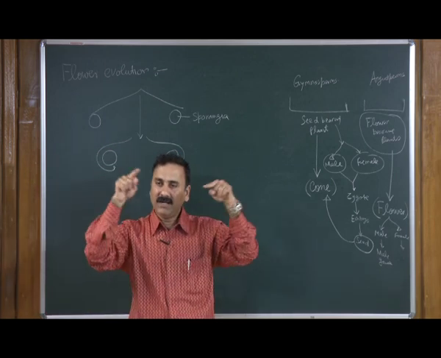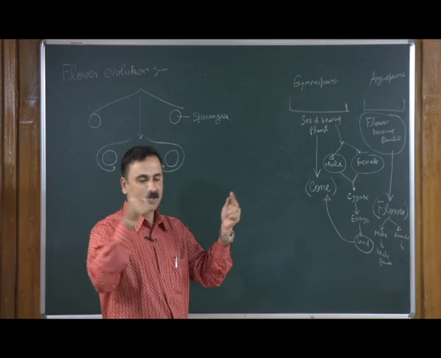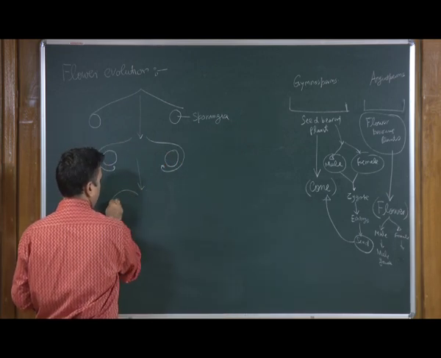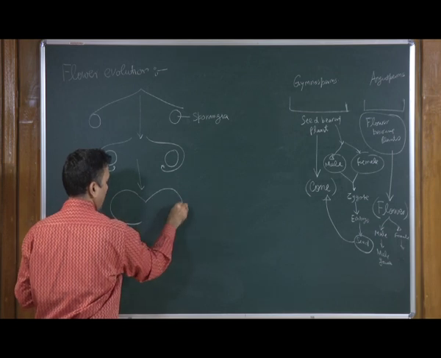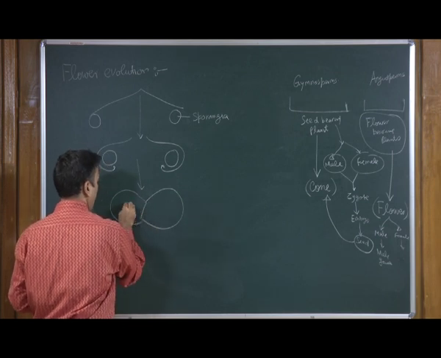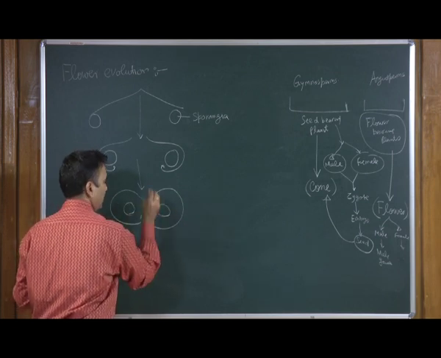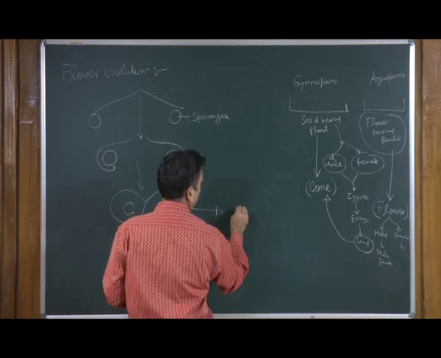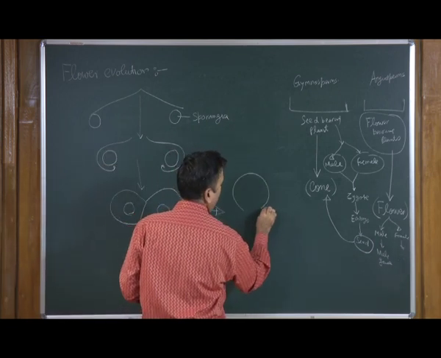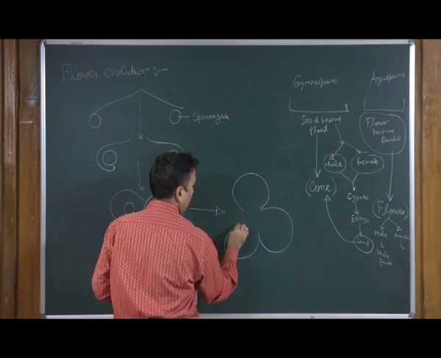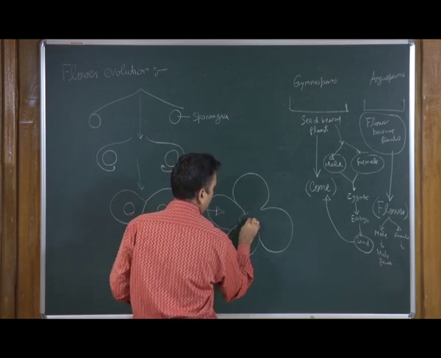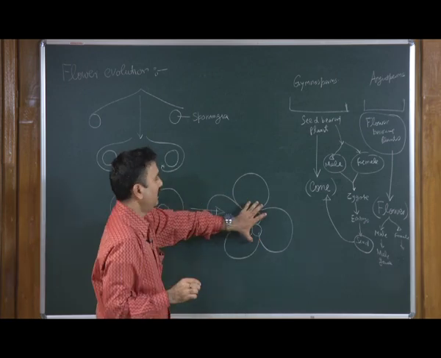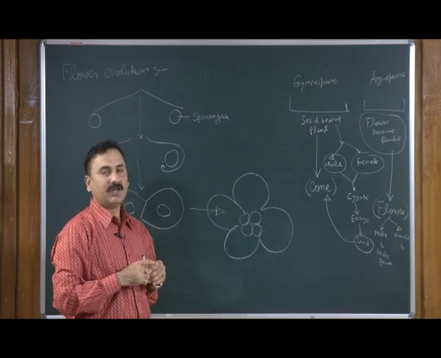And then ultimately these leaves started curling further up, and as a result you started developing a flower like this, where the sporangia are present in the center, and this is what the typical flower looks like.